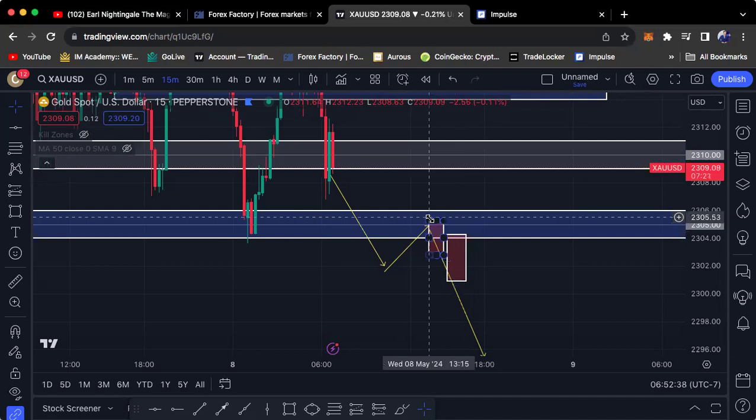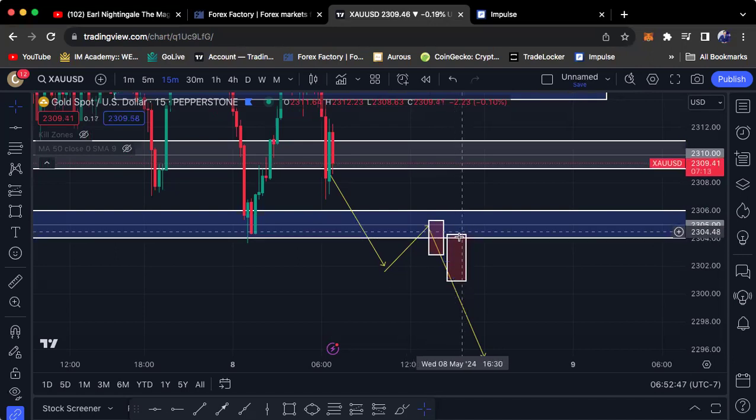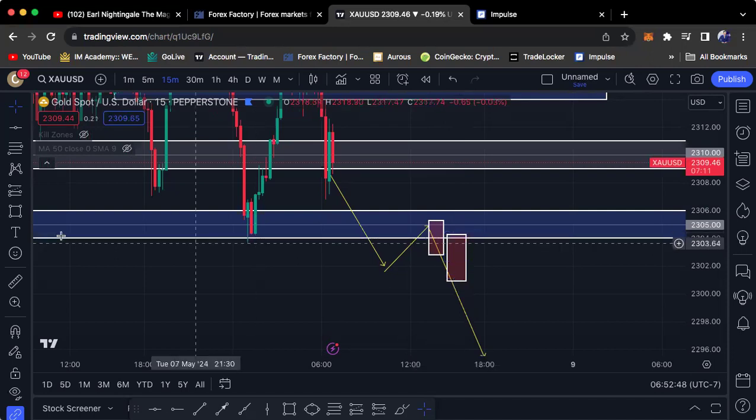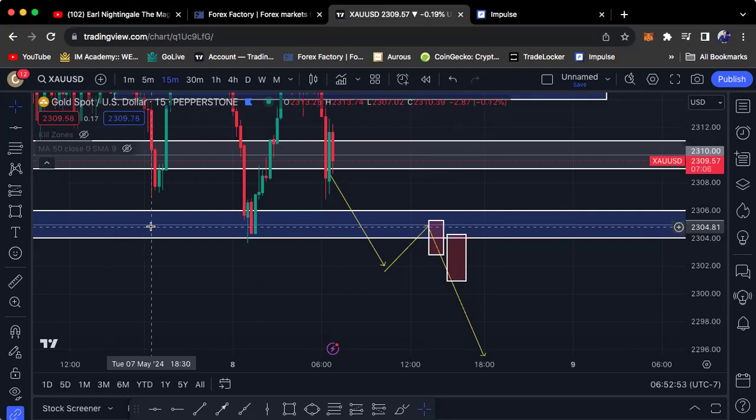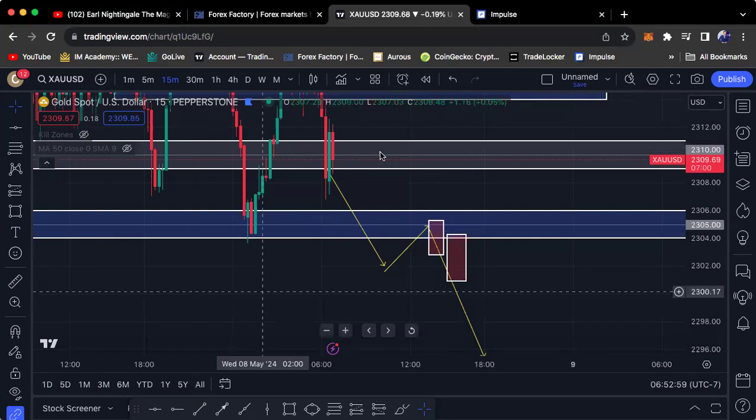For my risk takers, you can take it at this candle. But if you want to double confirm before you enter, just wait for the next bearish candle, and that's when you enter for a sell. Does that make sense? Drop a 1-1 in the chat box if you're understanding and we're on the same page.